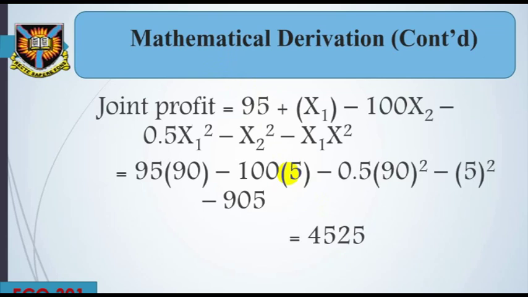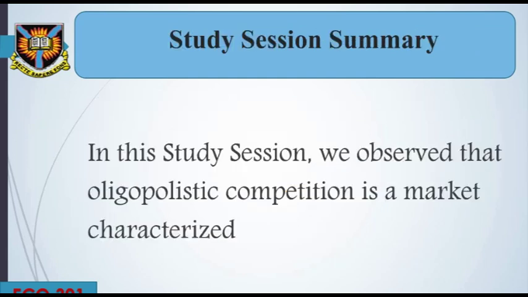A comparison with the result obtained under Cournot's solution will reveal that profit is higher under collusive oligopoly compared to non-collusive oligopolists.